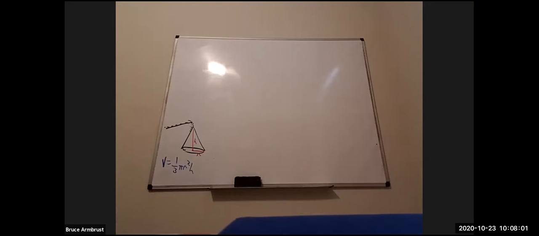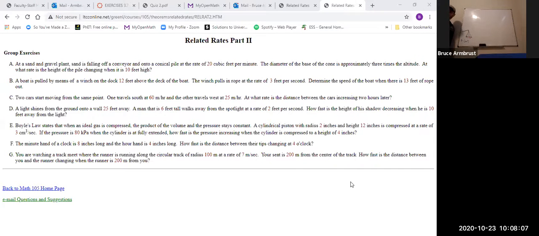So let me share the screen again so you can see what it says here. It says the diameter of the base of the cone is approximately 3 times its altitude. Okay, well, let's just go to this.